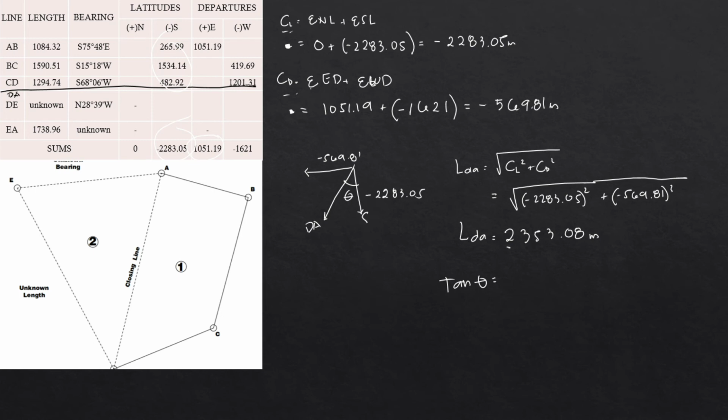Kasi nakadikit siya sa south, then ito is west. Bearing, nakadikit sa south or north, diba? Okay, so meron tayong opposite ng angle na yan is negative 569.81 over negative 2,283.05.